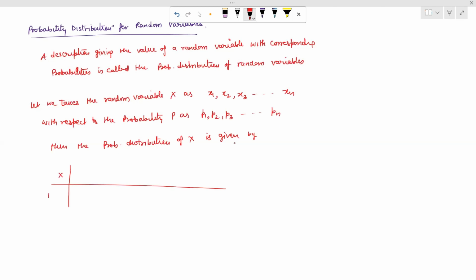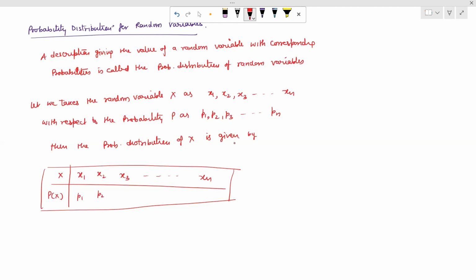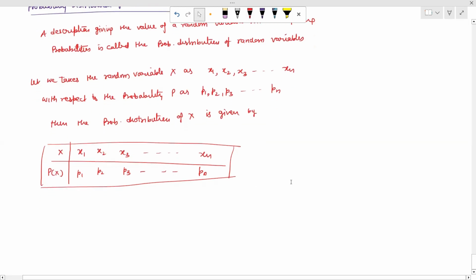X, and the probability of random variable X, which is noted as P of X. So we take X1, X2, X3, and so on, Xn, and the corresponding probabilities we denote as P1, P2, P3, and so on, Pn. So this is the distribution of the probabilities of a random variable.